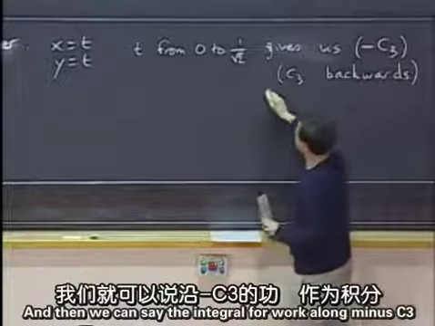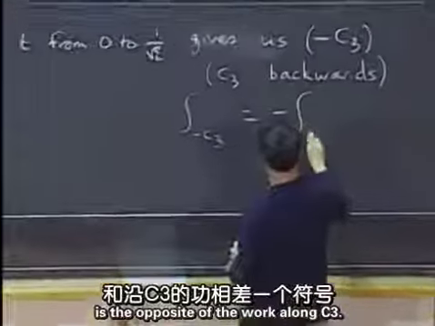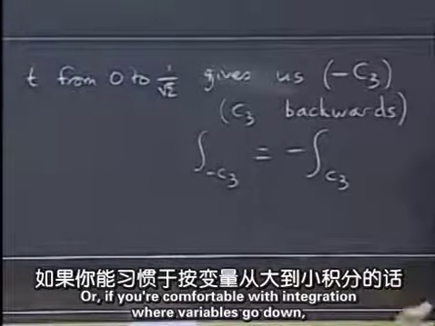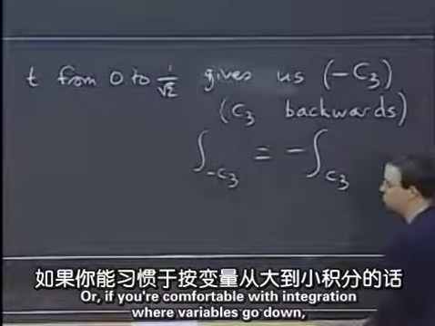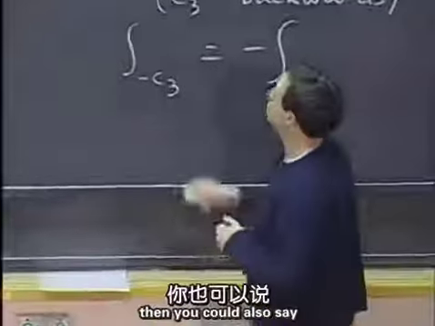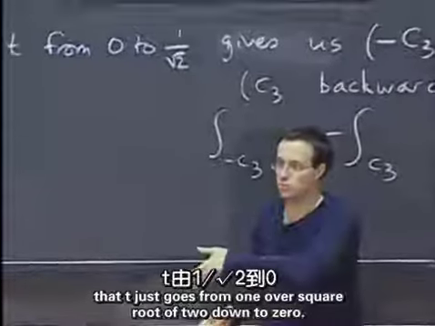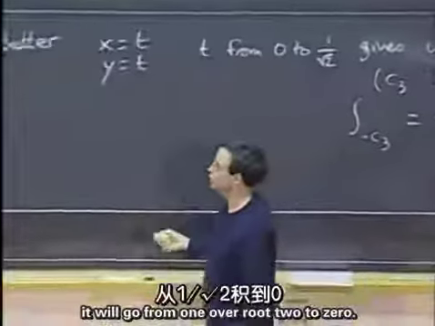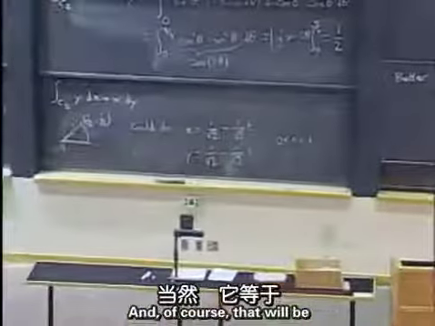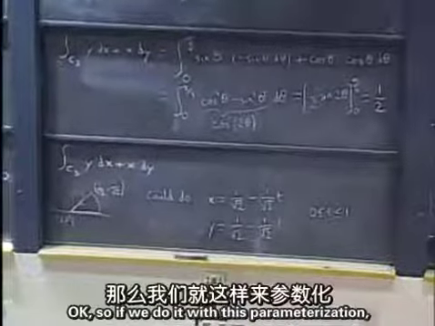And then the integral for work along minus C3 is the opposite of the work along C3. Or, if you're comfortable with integration where variables go down, then you could also say that t just goes from 1 over square root of 2 down to 0. When you set up your integral, it will go from 1 over root 2 to 0, and of course, that will be the negative of the one from 0 to 1 over root 2. So it's the same thing.